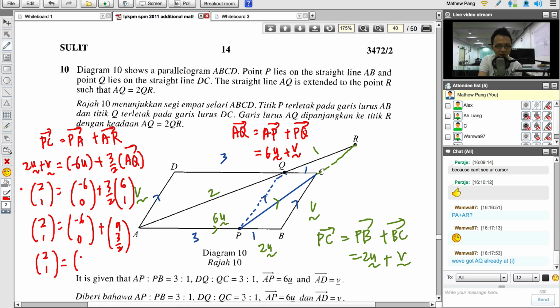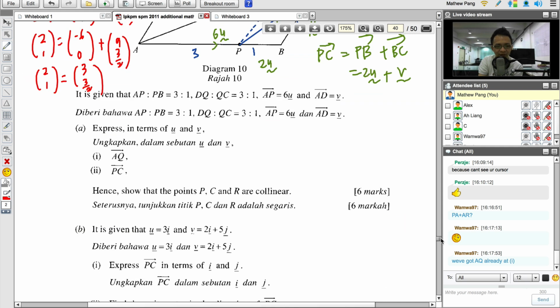Because I want to show they are collinear, I have to factorize to get something like 2, 1. So I try to factorize 2 over 3 from here. You can see 2, 1. If I factorize out the 2 over 3 here, what I will have is 2 for this one, and 1 for this one. Do you see that?